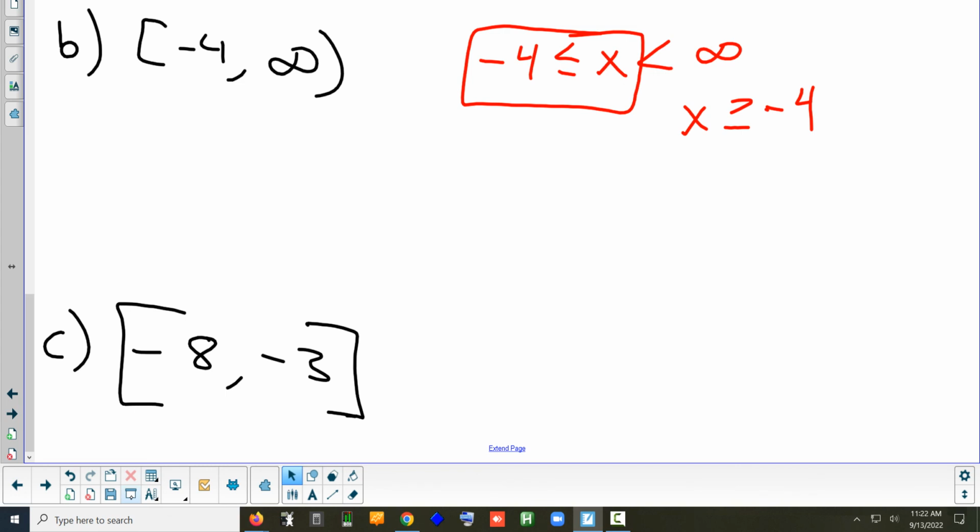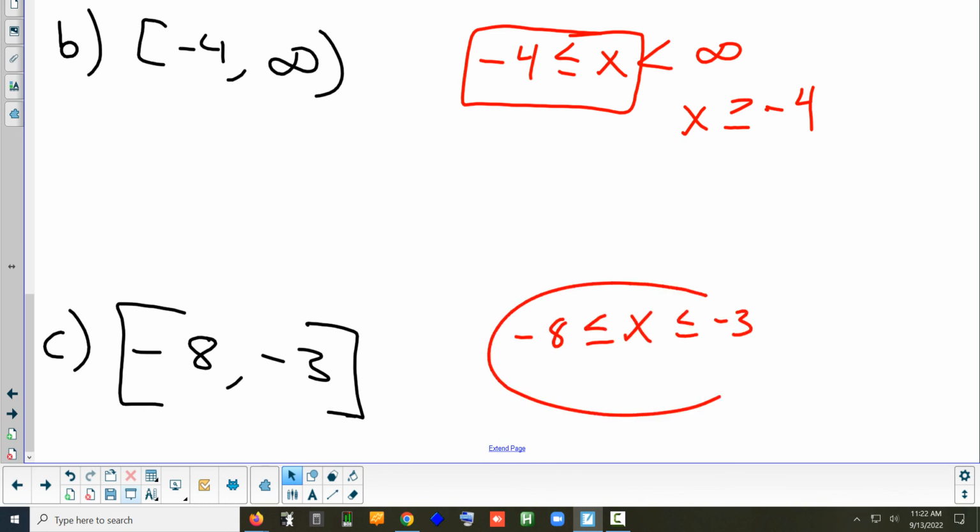So, all right. How would we write C as an inequality? Nate? -8 is less than or equal to x, which is less than or equal to 5. Yep. Inequality notation, interval notation. Questions on it?